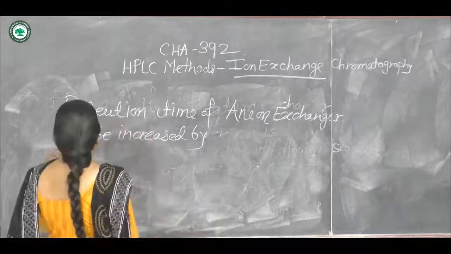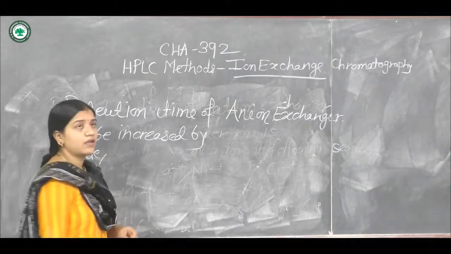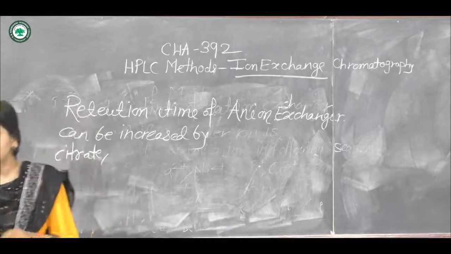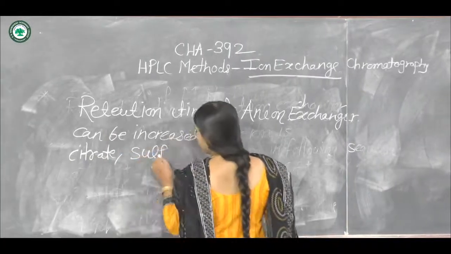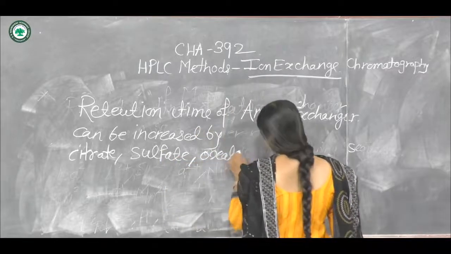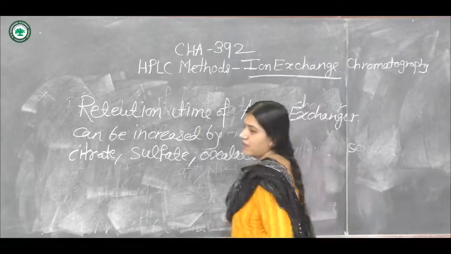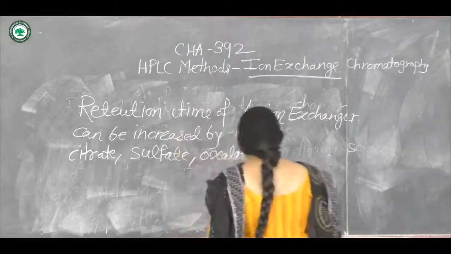So the sequence is, first it starts with the citrate. After the citrate, the next is the sulfate. After the sulfate, the next one is the oxalate. After the oxalate, the next thing is the tartrate.